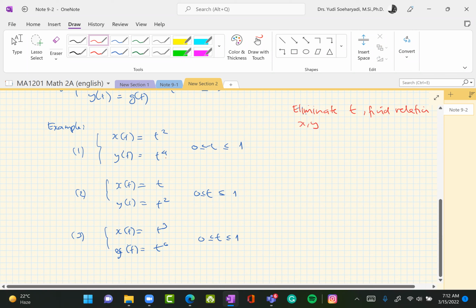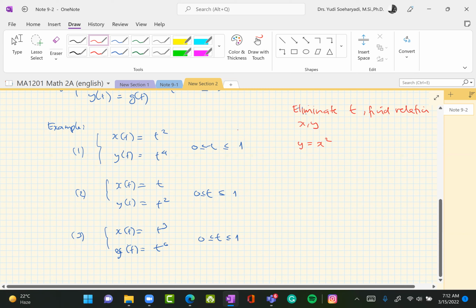So power 4 is the square of the t squared. So from here, y equals x squared, and t from 0 to 1.